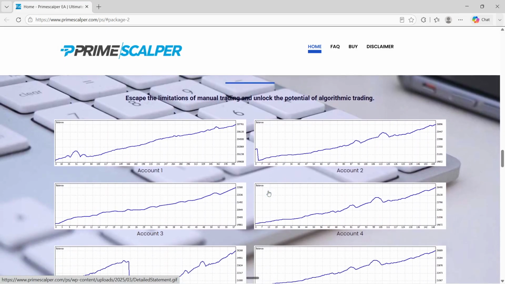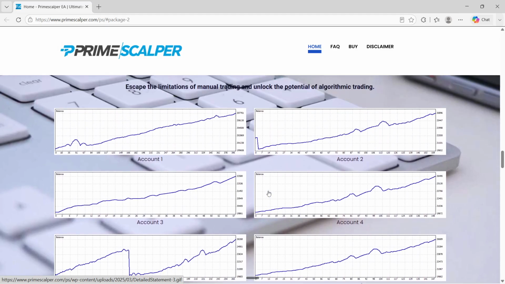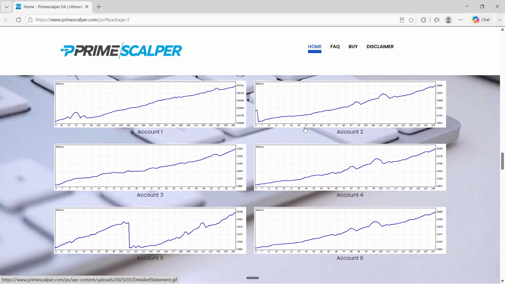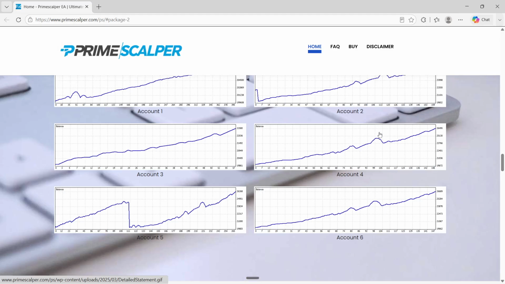You can also see some screenshots of equity curves and performance by the EA. Most of the curves just move upwards, even with little drawdowns here and there and little volatility. Okay, there was this drawdown over here, but overall the EA recovered once again, moving sharply to the upside and ending in good gains.